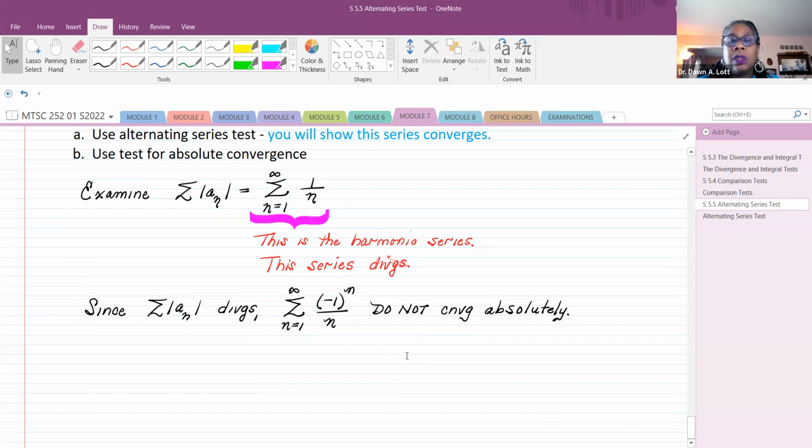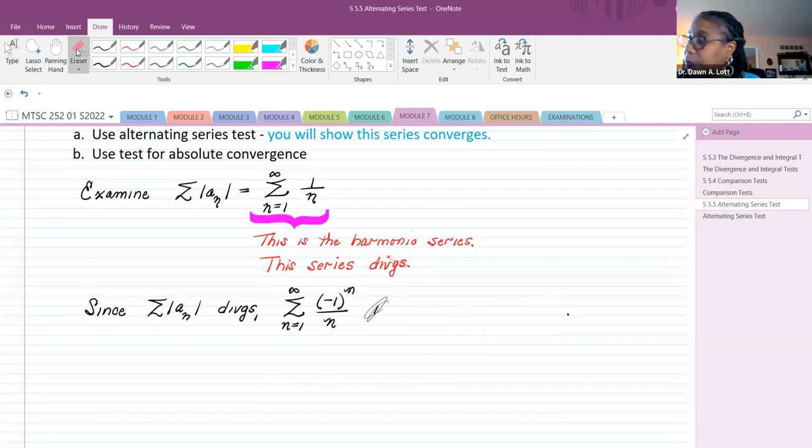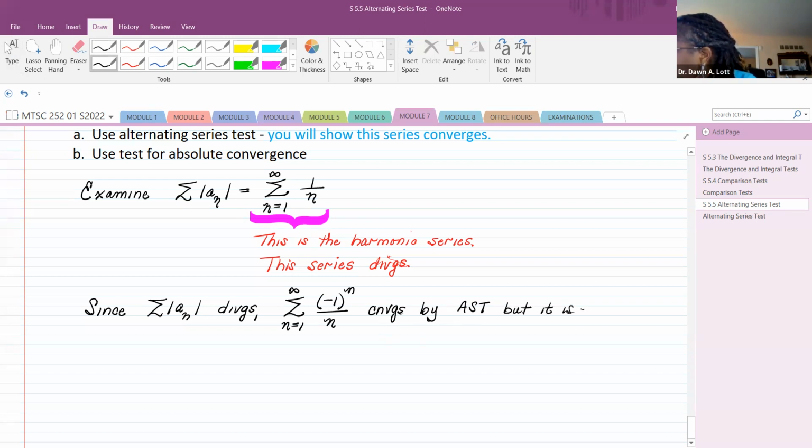Let me make it more clear: this series converges by the alternating series test, but it is not absolutely convergent.